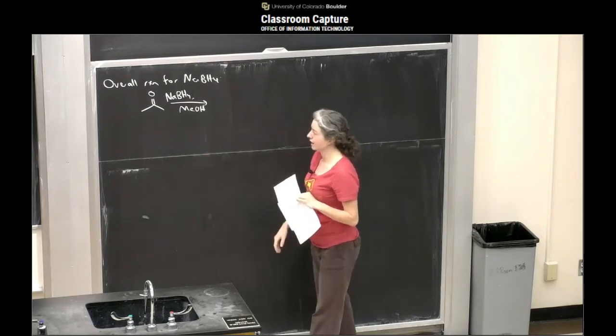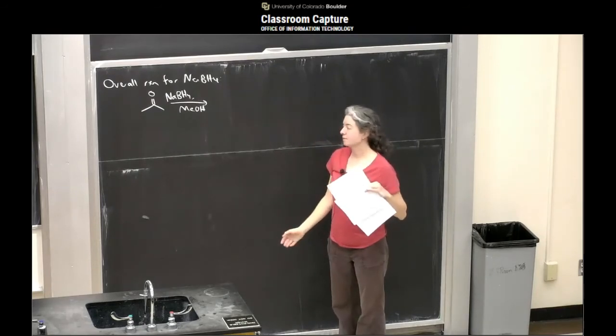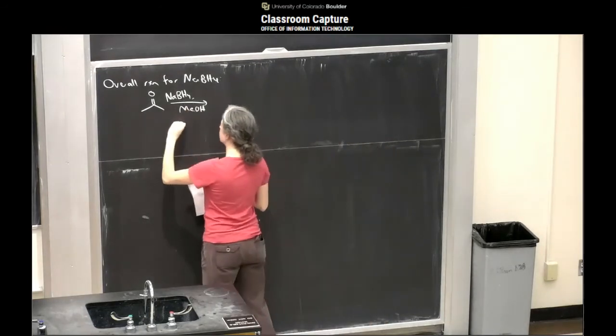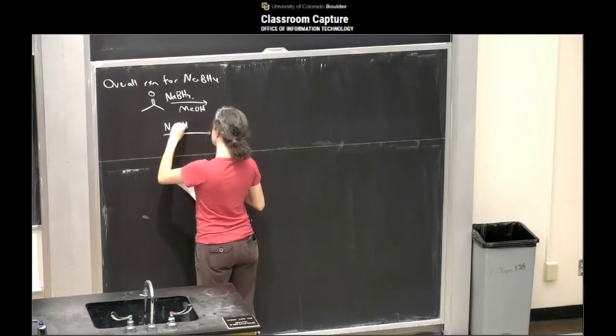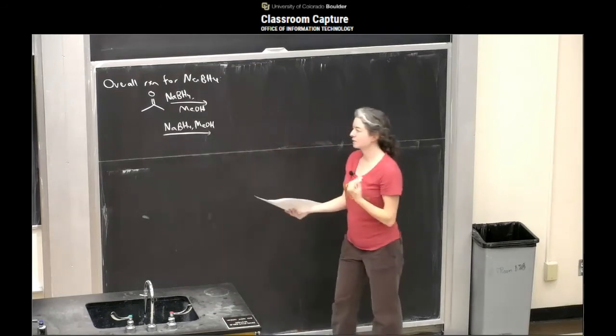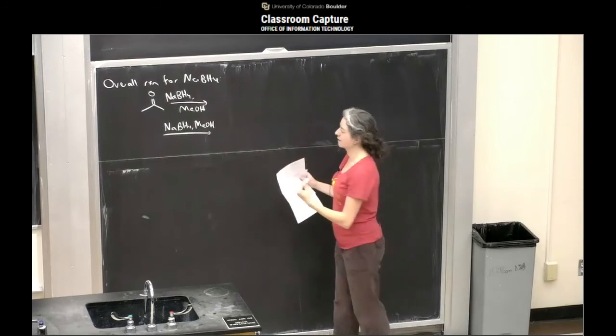So above and below the arrow or beside the arrow or hovering around nearby has pretty much no bearing on anything. Like I could have written this the same as NaBH4 MeOH, and that means the same thing. Unless we specifically say stepwise, it's all assumed to be present at the same time.